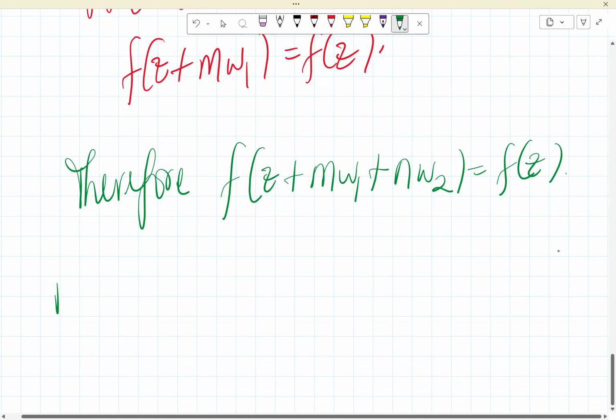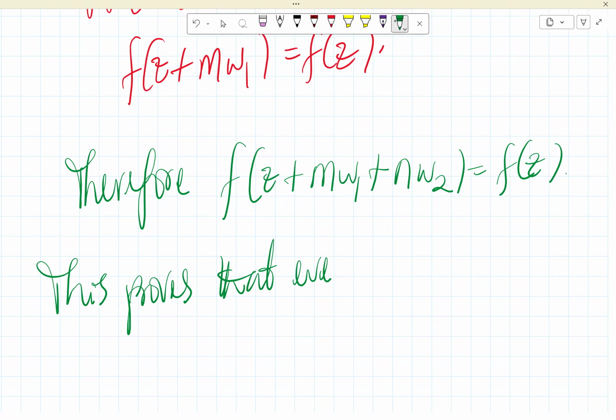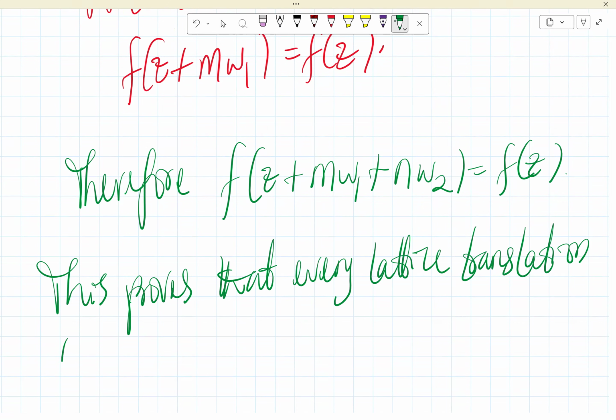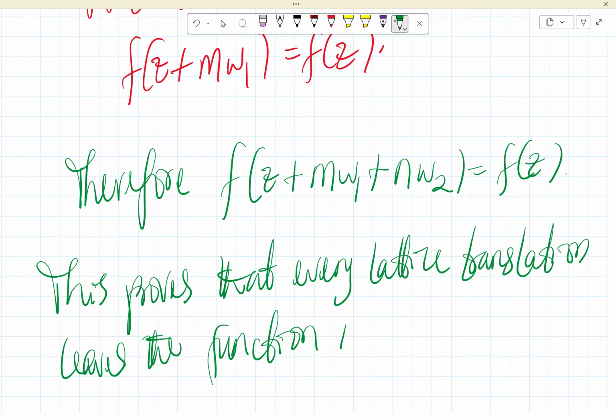So this proves that every lattice translation leaves the function unchanged.